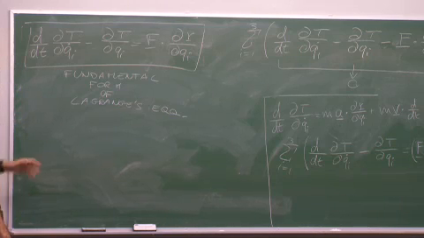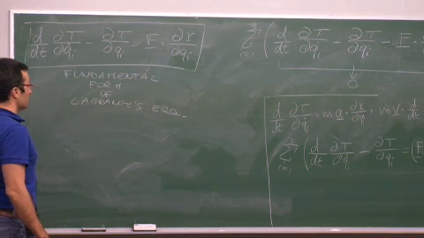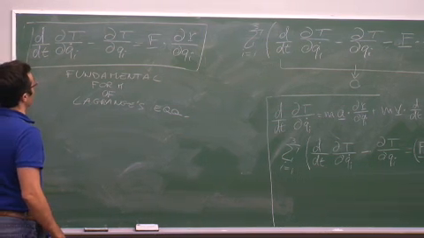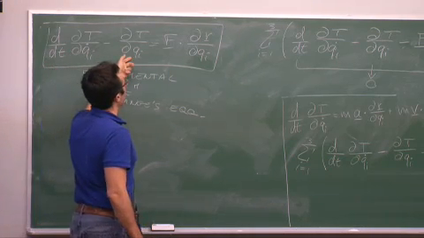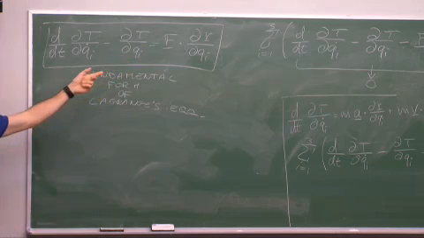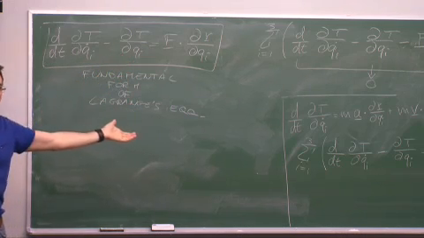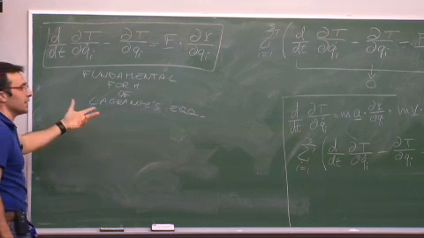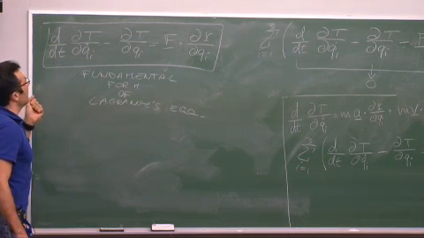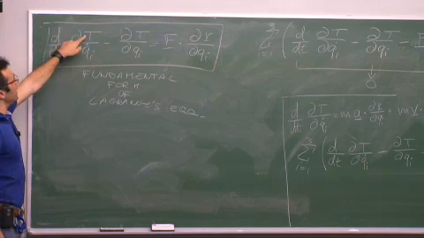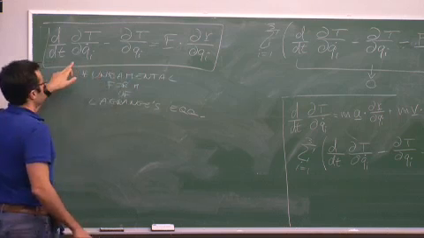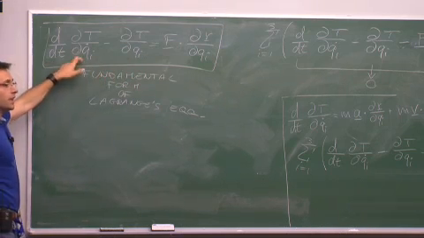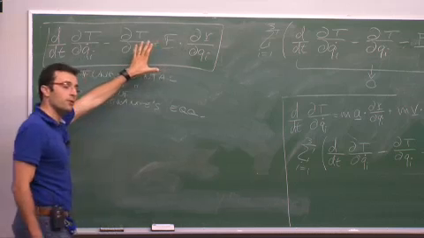So in other words, and we'll try to do an example maybe today, I don't know. If you have a system that has constraints, it's convenient to use this formulation because you pick some variables q's that can be anything. They can be x, y, z, but they can also be an angle and an x, a length and an angle. You can do whatever you want. It may be convenient to write your kinetic energy, take its partial with respect to these variables that you picked, the partial with respect to the derivatives of those variables, and implement this expression, which is not a formula.